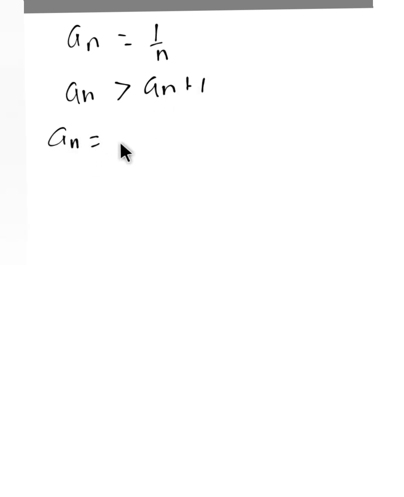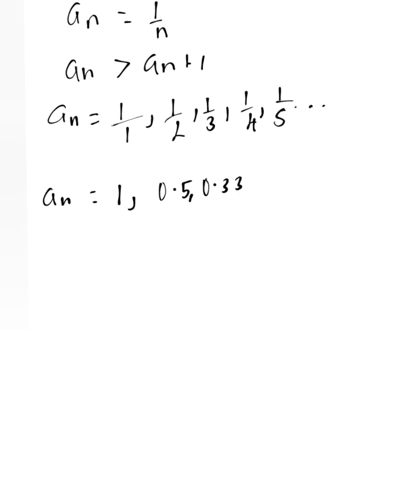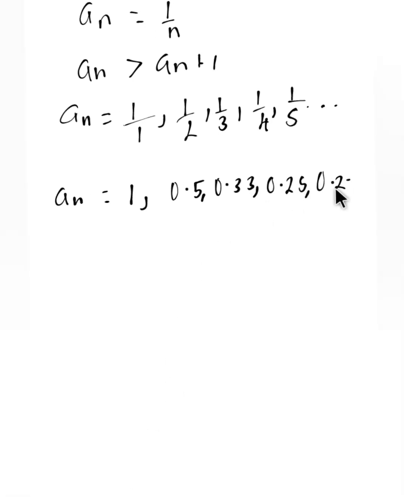An is equal to 1 over 1 when n is 1, 1 over 2 when n is 2, 1 over 3 when n is 3, 1 over 4 when n is 4, 1 over 5 when n is 5, to infinity. So an is equal to 1, 0.5, 0.33, 0.25, 0.2, to infinity.